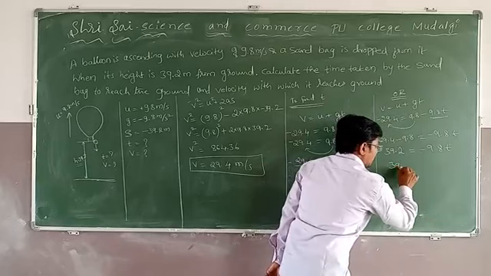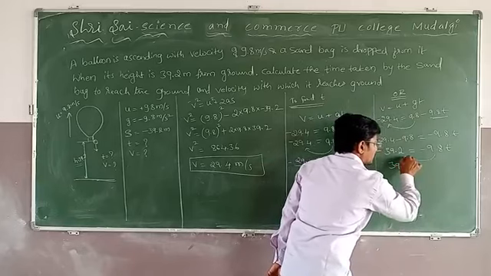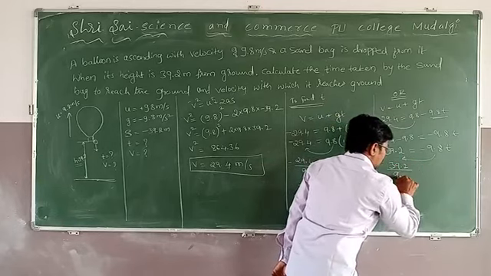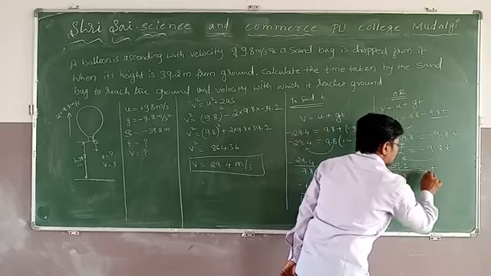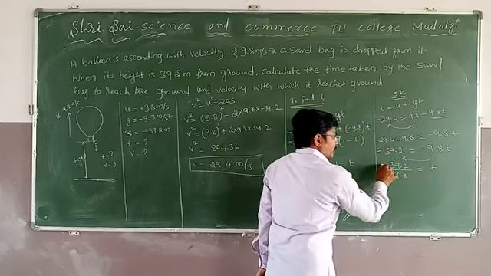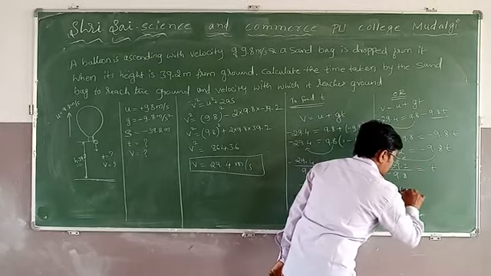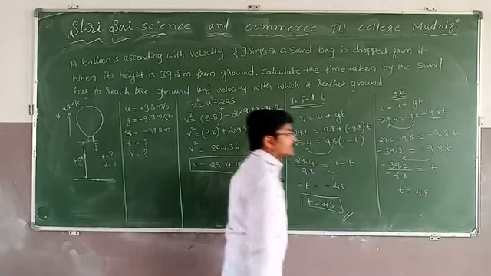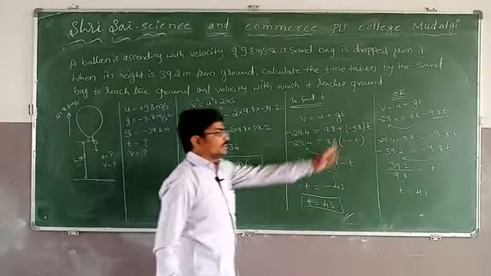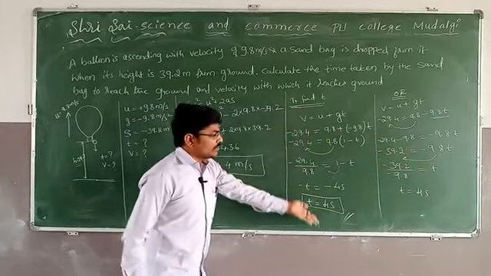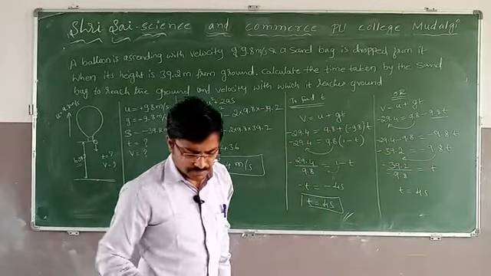Then 39.2, bring this 9.8, is equal to t. Minus and minus cancel, therefore t is equal to 4 seconds. This is a more simplified, easy method to solve this one. You can use this one also, no problem.